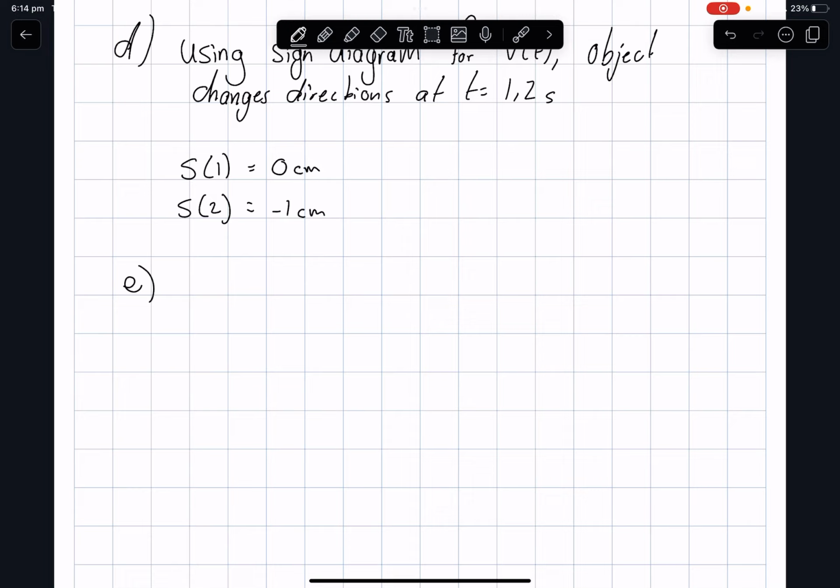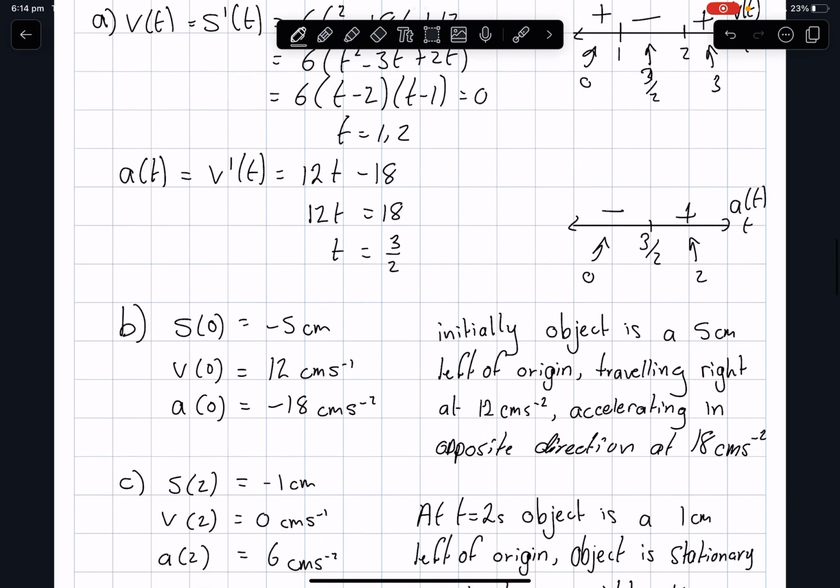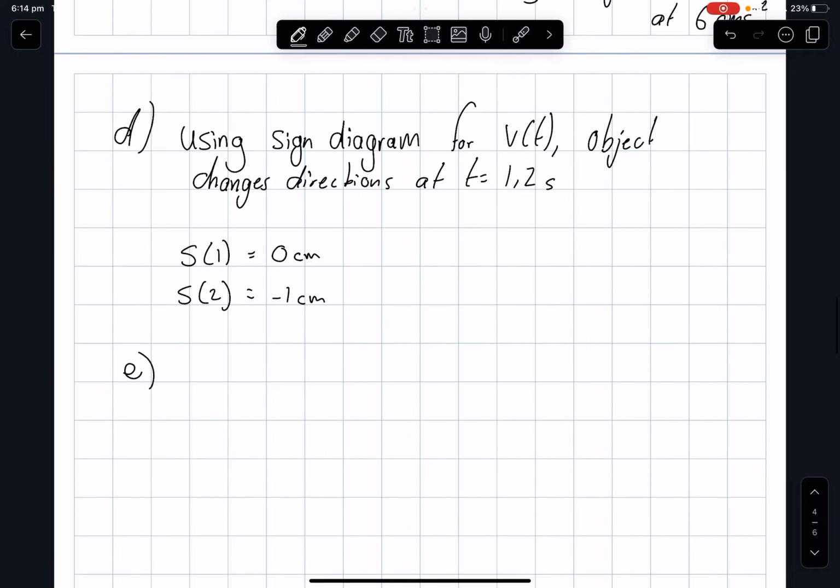All right, finally, we want to draw a motion diagram. For a motion diagram, we want its starting point. Our motion diagram is actually only going to be in terms of S. So I'm going to put 0 here, 1, 2, 3.